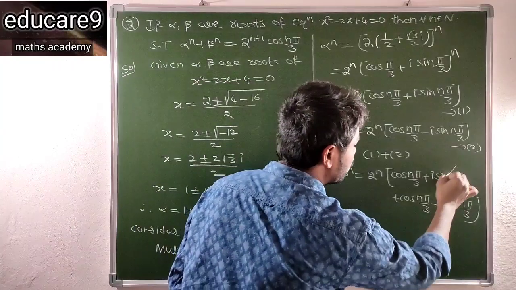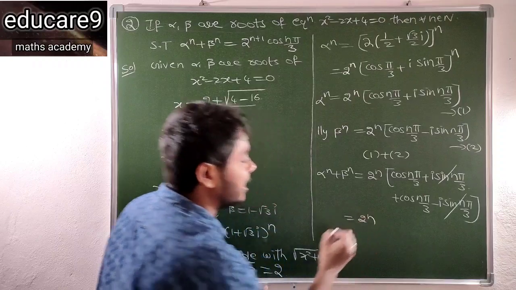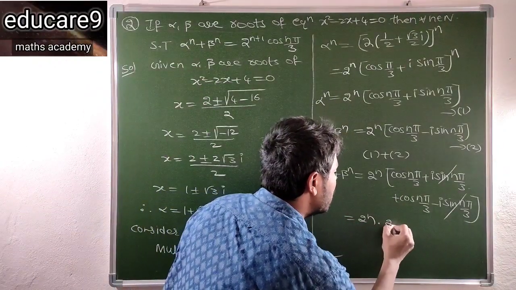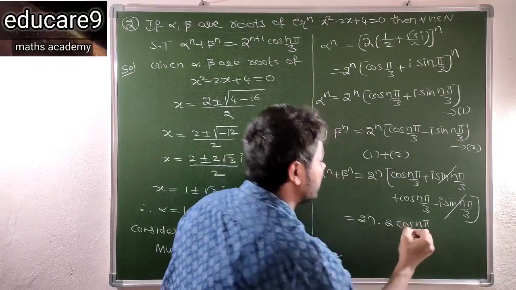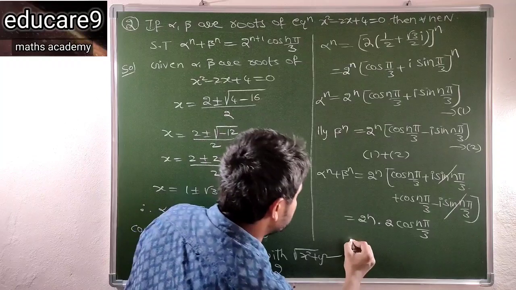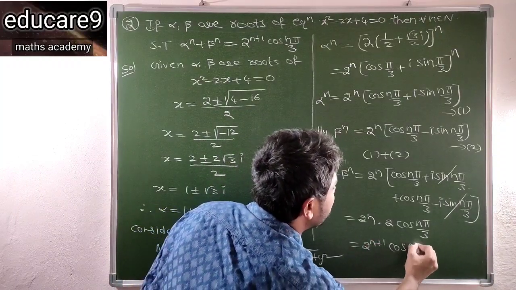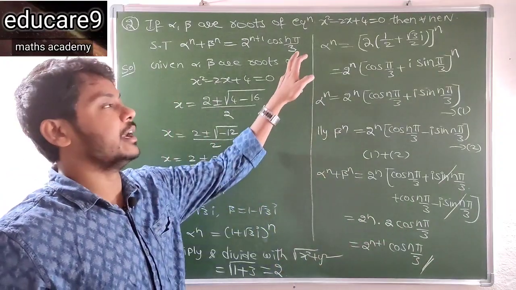So clearly these two terms get cancelled. Now we will get 2 to the power of n into cos n pi by 3 plus cos n pi by 3, that is 2 cos n pi by 3. So clearly this is 2 to the power of n plus 1 into cos n pi by 3. So clearly this is the required answer.